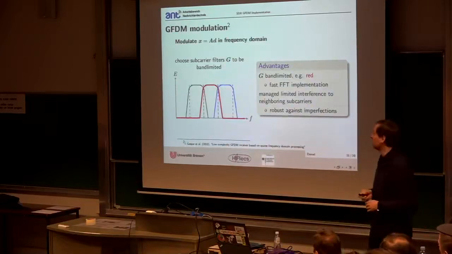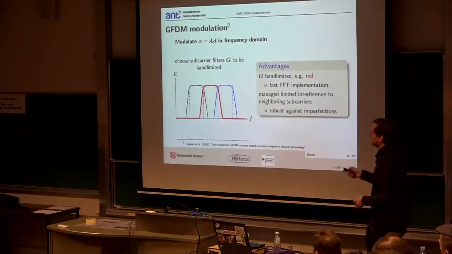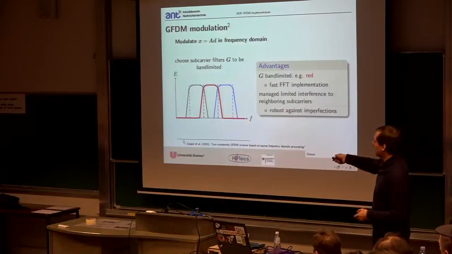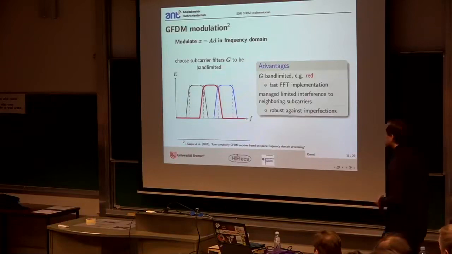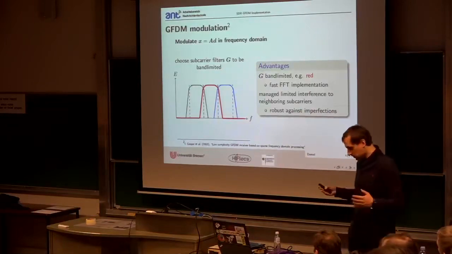Just to give you a quick overview, we want to modulate that again, but now we want to do that in the frequency domain. We choose our subcarrier filters such that they are shaped like this. So we'll only have non-zero elements for our subcarrier and some area around it. And now we can implement that with a fast Fourier transform.